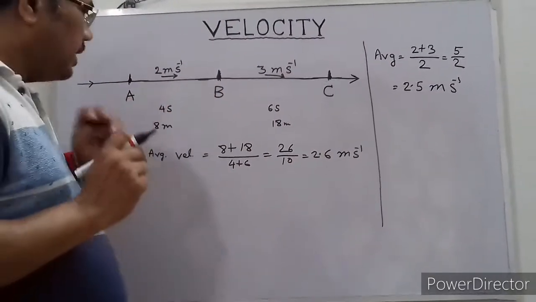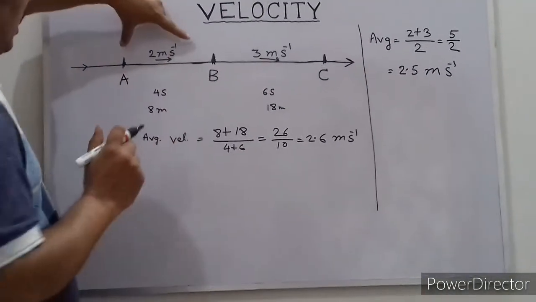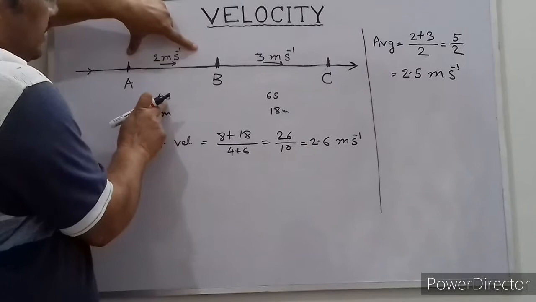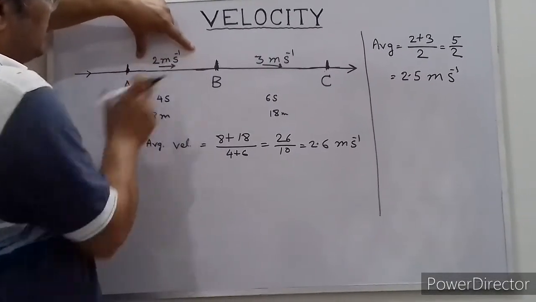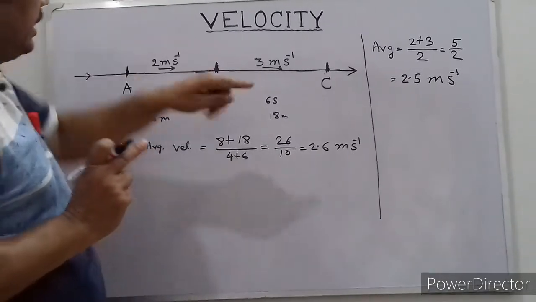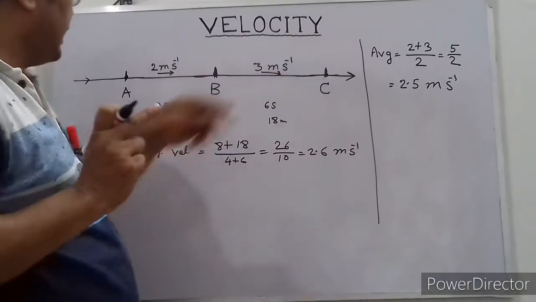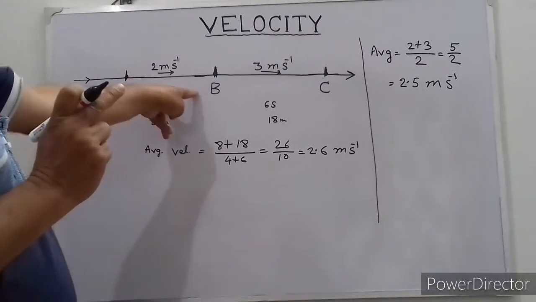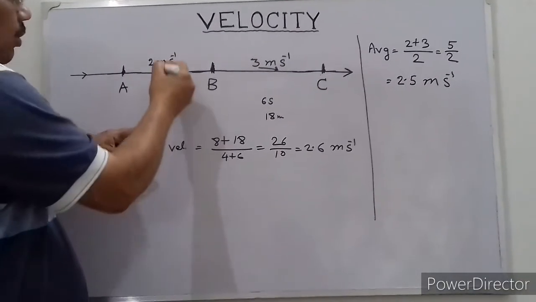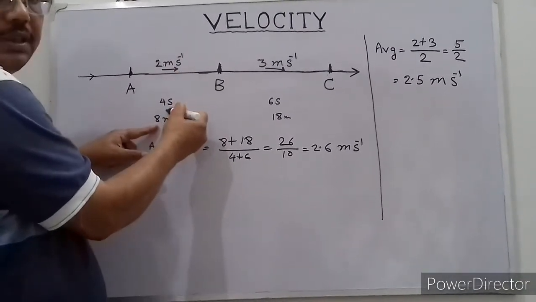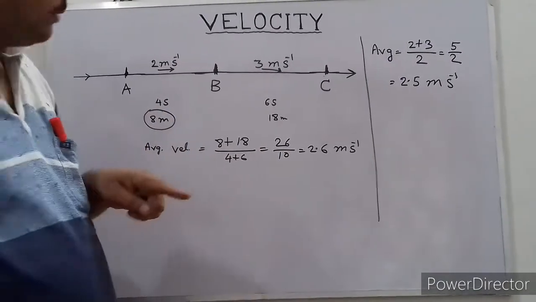Suppose for 4 seconds it has velocity 2 meter per second, and for the next 6 seconds its velocity is 3 meter per second. The displacement during AB is 2 into 4, velocity into time, that is 8 meter.